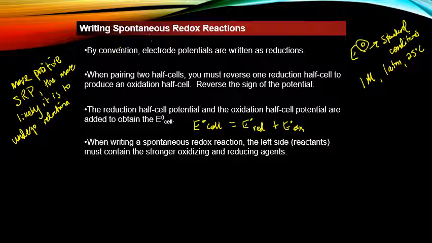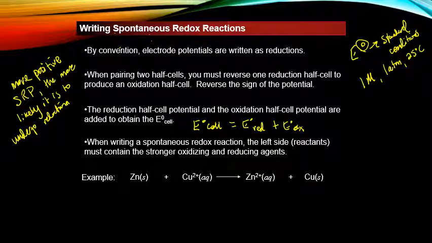We can typically have the acid and base being stronger than the conjugates, not all the time, but it can. And so with these, we always want to think about the substance that is a stronger oxidizing agent and a stronger reducing agent being on the reactant side, and then the weaker components on the right side. So you can see here in this that as far as a reducing agent, the zinc is a stronger reducing agent than the copper as a solid is.